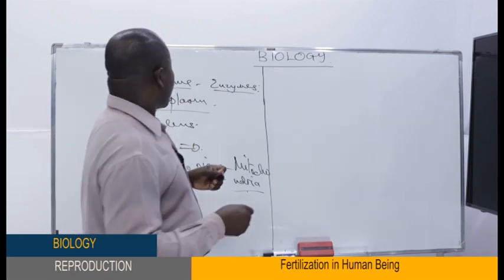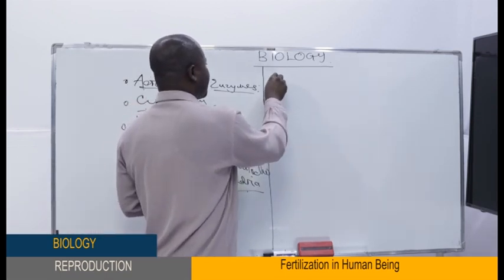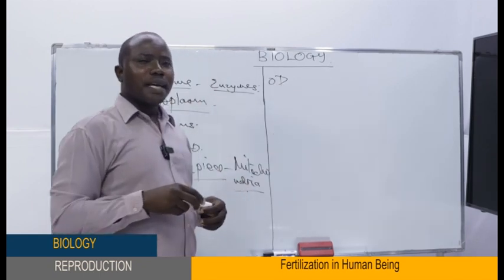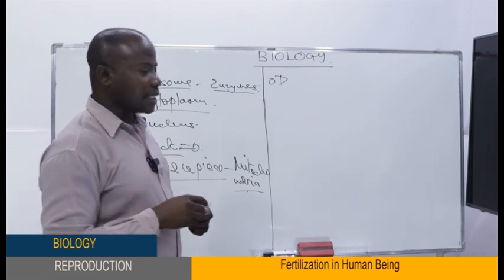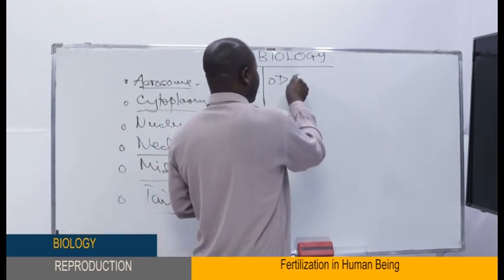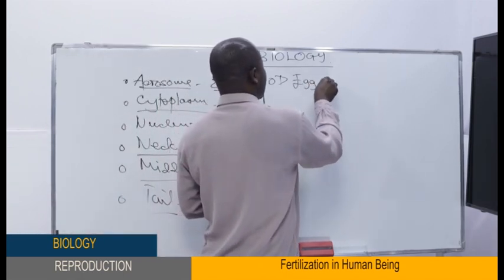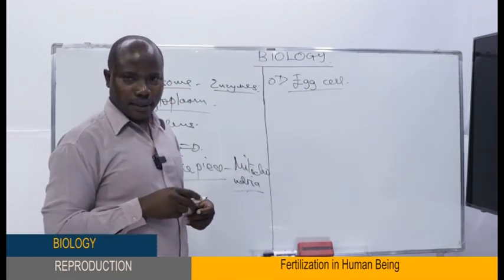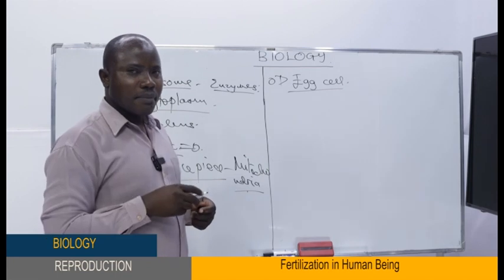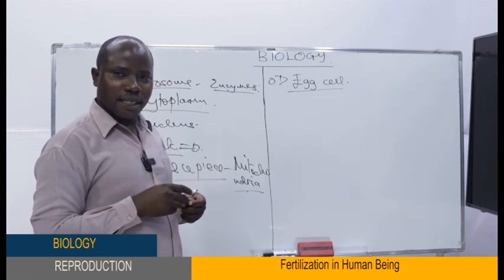But also, other questions can be asked, such as to explain how the egg cell is adapted for fertilization. The egg cell, the female reproductive cell. The approach is the same as the first question.